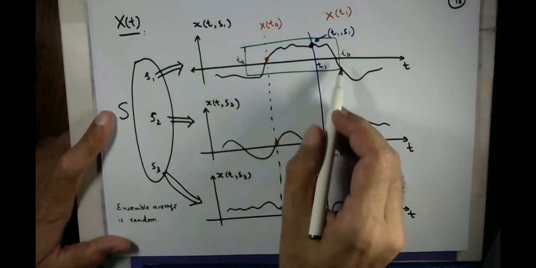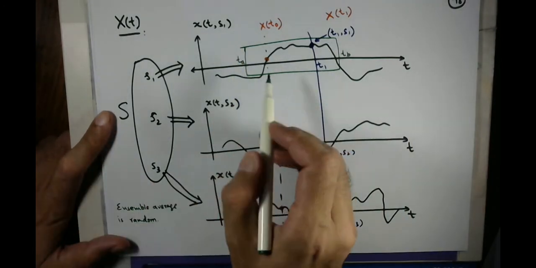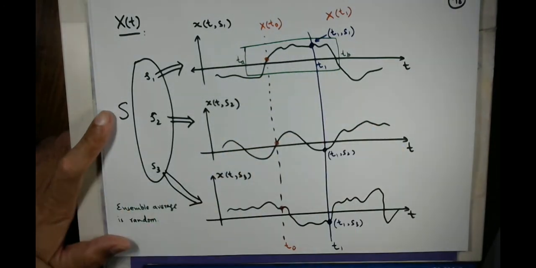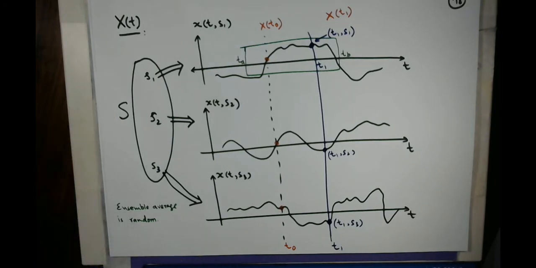So you take certain time instants and you take the average of the function within this time interval, and so you get a time average. Now the second question: is this time average a constant or a random variable?